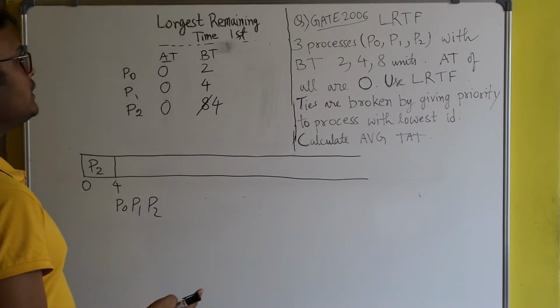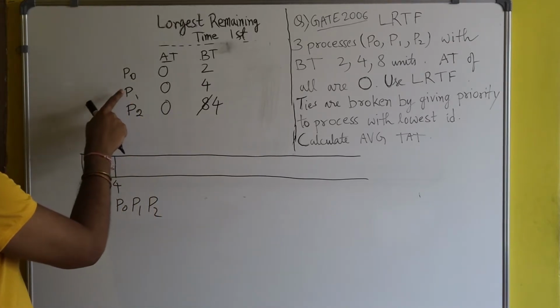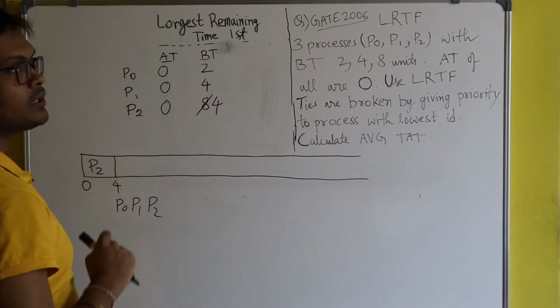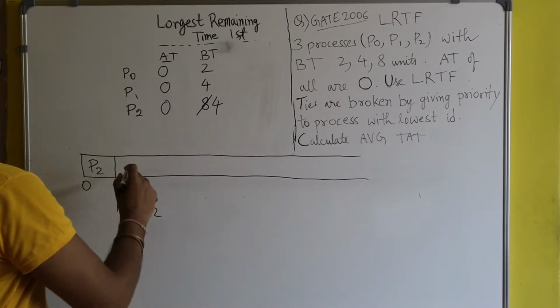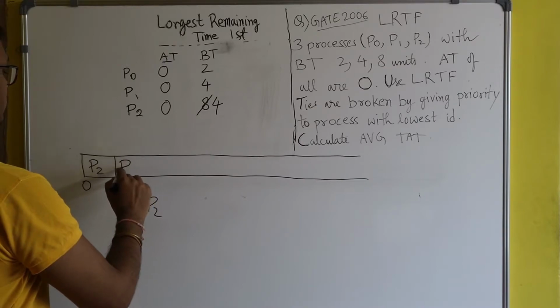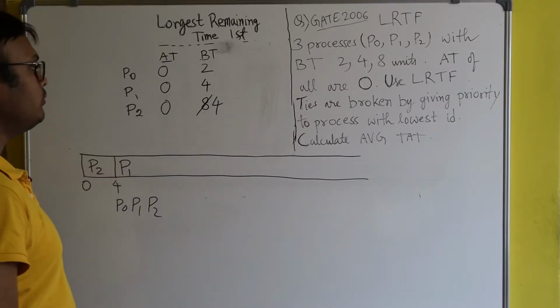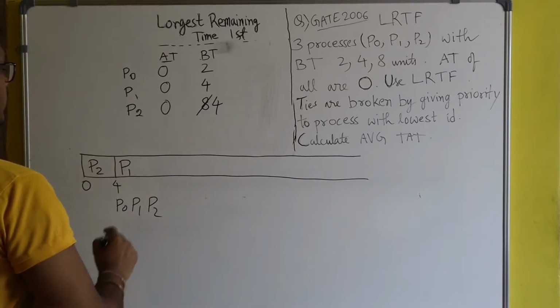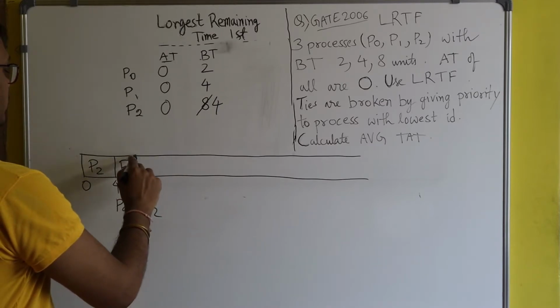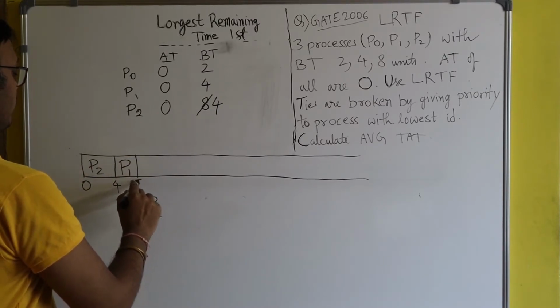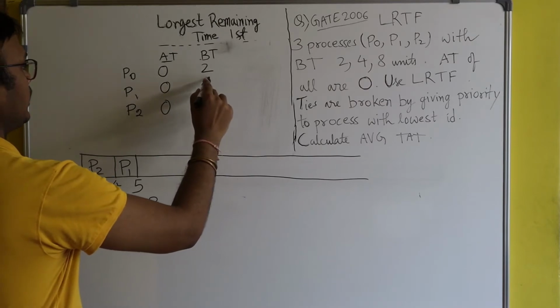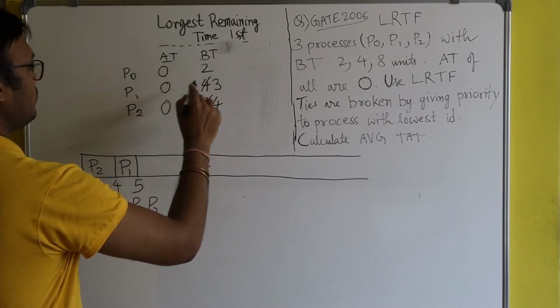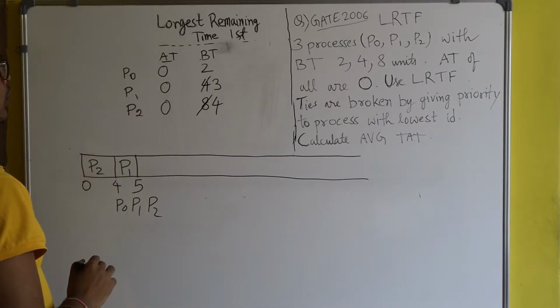To break this tie, CPU will be given to process P1 because it has the lower process ID. So here I will write process P1. If P1 runs for 1 unit from 4 to 5, then 3 units remain for P1.